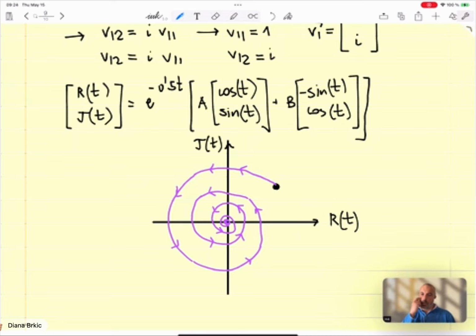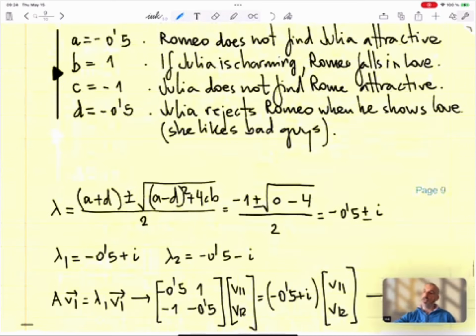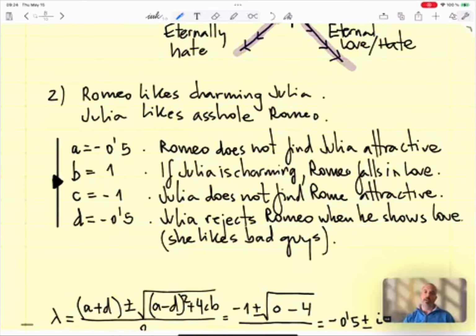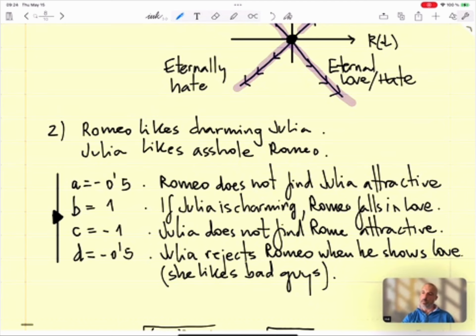Now you can go ahead and say, okay, I think with my boyfriend or with my girlfriend, my relationship right now can be described with different parameters.